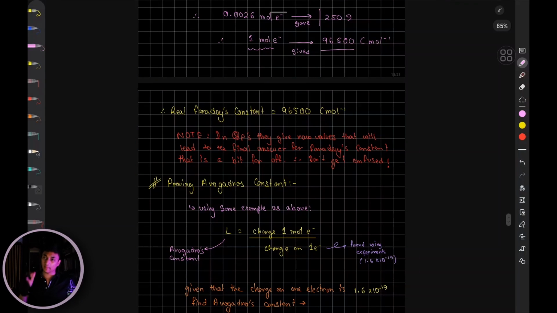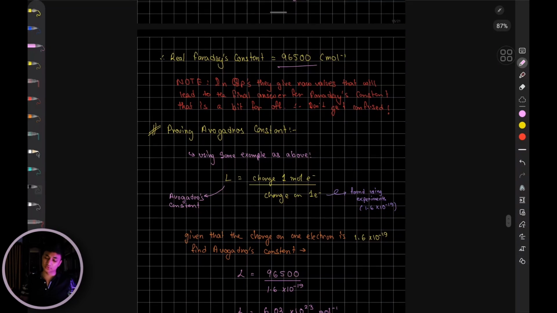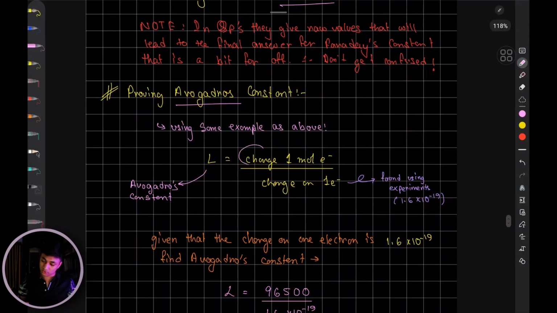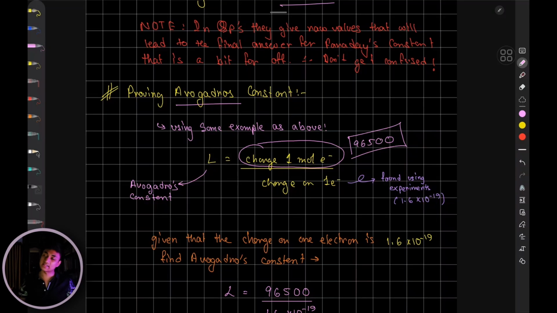Now, using that information, we can find out the Avogadro's constant, right? How do we do that? The same equation, right? You divide the charge on 1 mole of electron, that is 96,500, by the charge on one individual electron, such that you will find out how many electrons there are in 1 mole of electron to give you the exact 96,500 coulombs of charge.